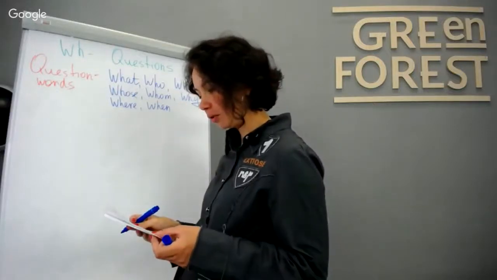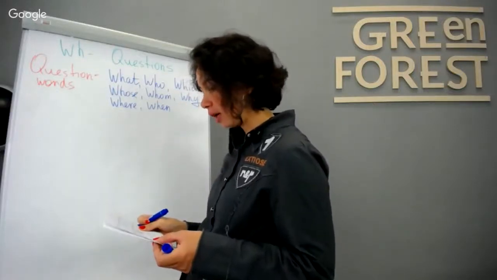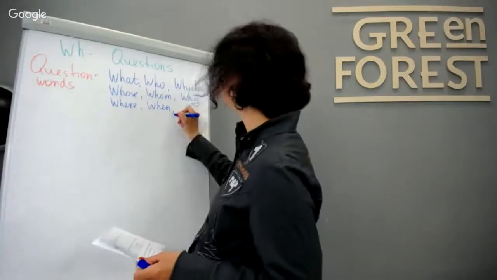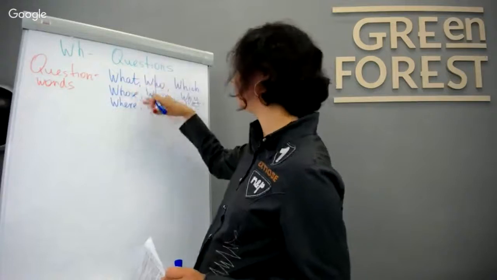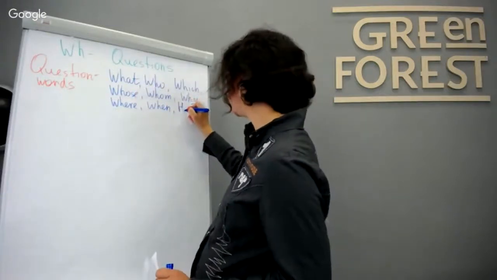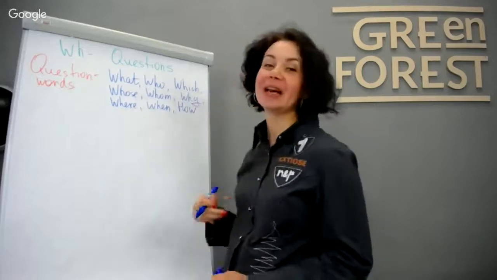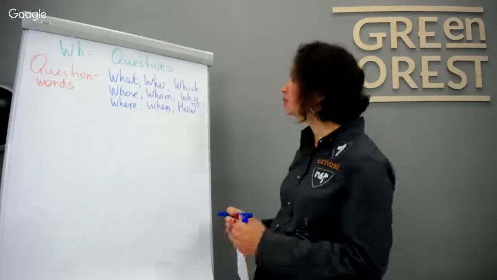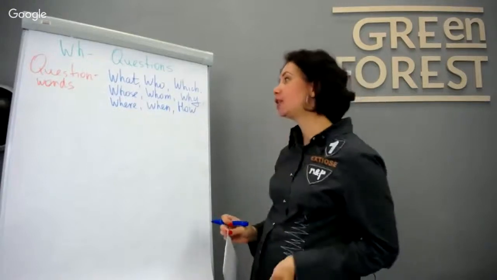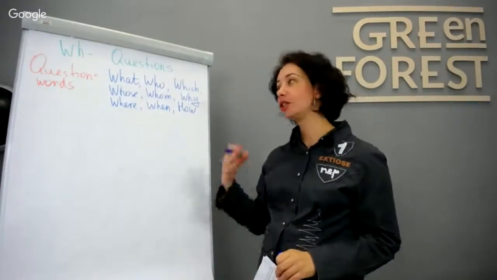Have I written all of them? Yes. Okay. And the last one, which doesn't begin with WH, but it's anyway quite important one. This is how. So these are question words which we need to use when we create the question. And actually we begin our question using them.